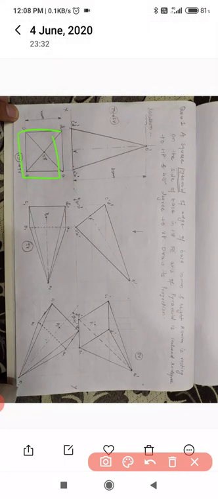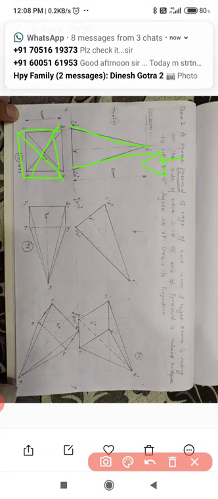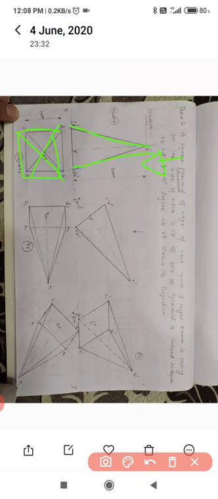Why this? Because when you see it from the top, this slant height you will see in such a way.